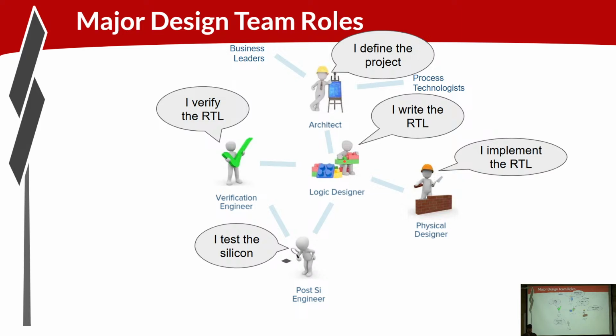And after the RTL has been signed off by the verification team that it's ready to go, and you want to push the button on the tens or hundreds of millions of dollars that it takes to fabricate the silicon, the design goes off to the fab. When it comes back, the post-silicon engineers are responsible for verifying the physical silicon. So obviously there's a close relationship between the verification engineers doing the pre-silicon verification, the post-silicon engineers doing the post-silicon verification, and all working with the logic designers.